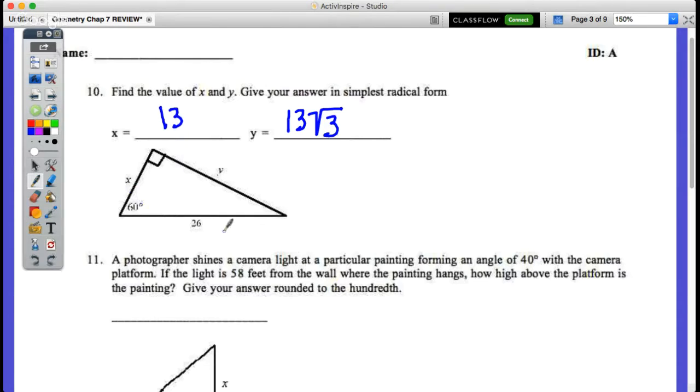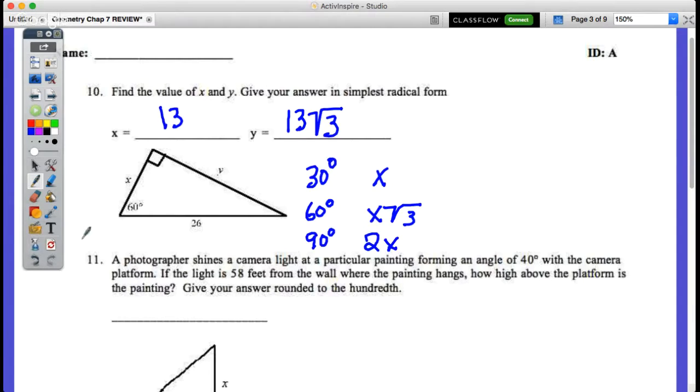So if this is 26, the shorter leg has to be 13. Remember, the shorter leg is x, the next leg is x radical 3, and the hypotenuse is 2x. That's the side opposite the 30 degree, the side opposite the 60 degree, and the side opposite the 90 degree. Does that make sense now?